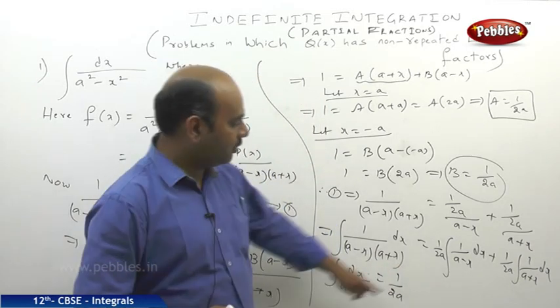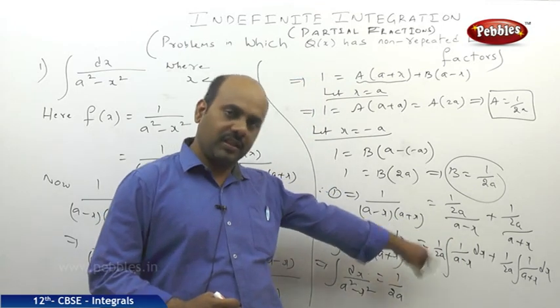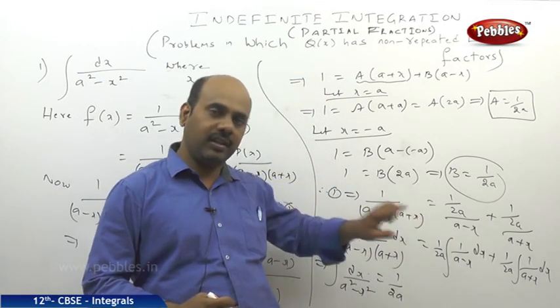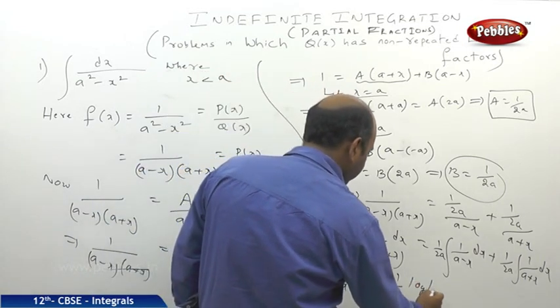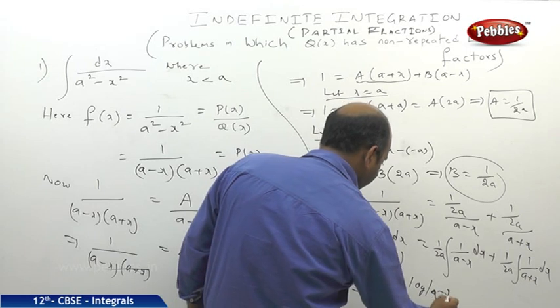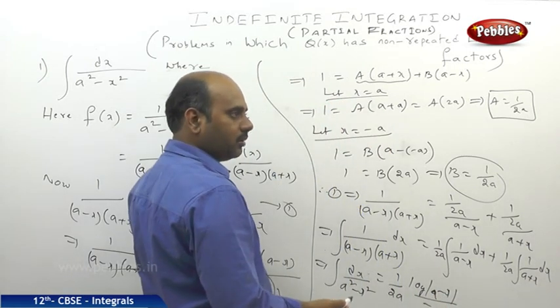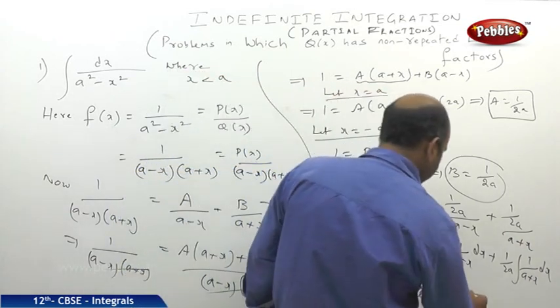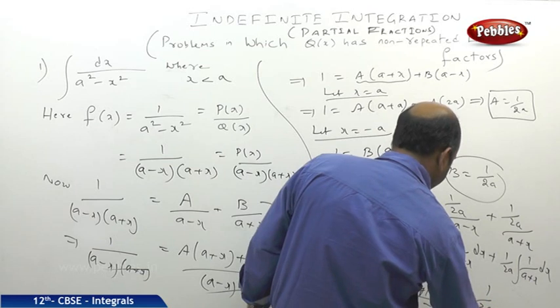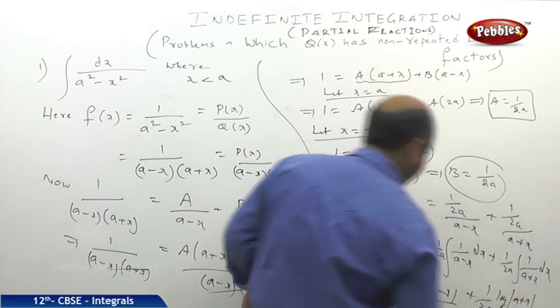So here I am writing, that implies, integral of dx divided by a square minus x square is equal to 1 by 2a, and we know the integral of 1 by x means log mod x. So here also we will do log mod (a minus x) divided by minus 1. Why? Because the coefficient of x is minus 1. In indefinite integration it comes in the denominator. Plus 1 by 2a log mod (a plus x).